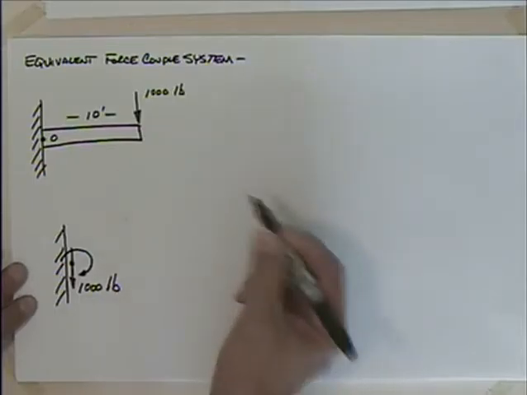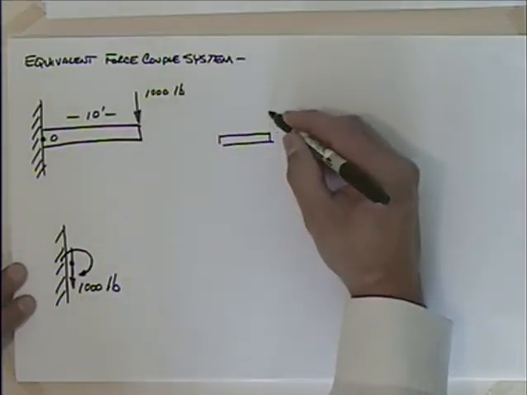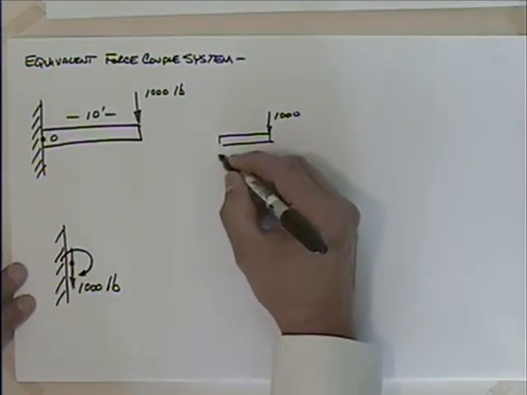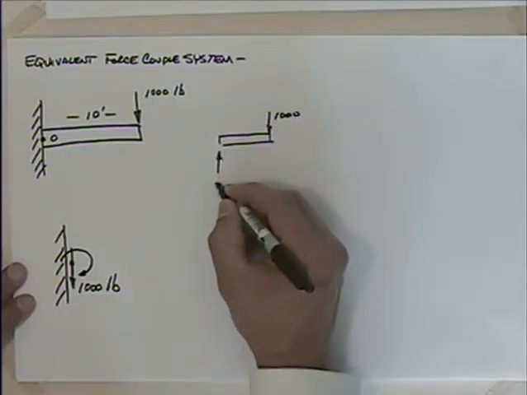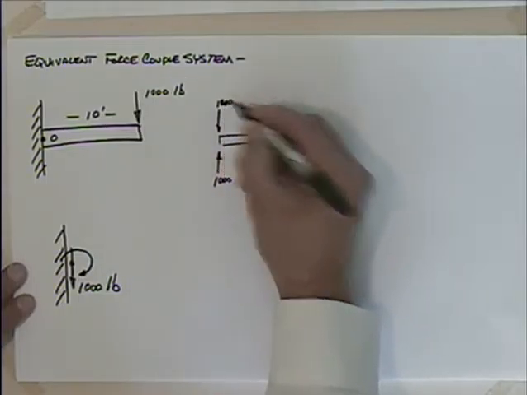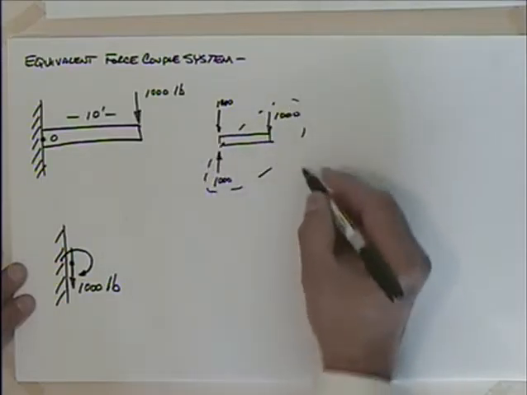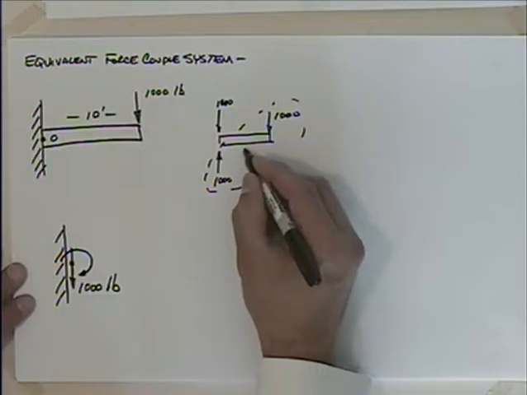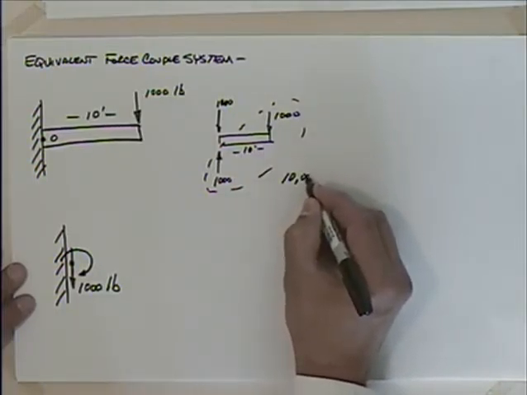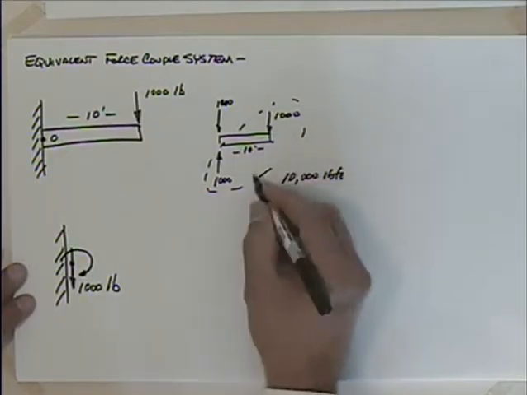What's that going to be equal to? Well, you could go through the process if you wanted to, and so we have this 1,000 acting like that, and then I could put a 1,000 up here and a 1,000 down there. I have between those a couple that is 1,000 times 10 feet, so I have 10,000 pound-feet, and that's going in what direction?